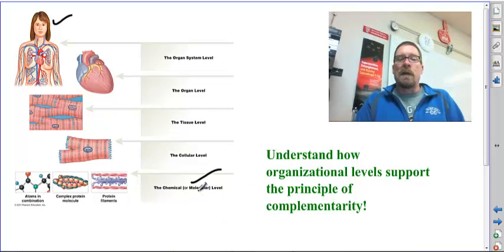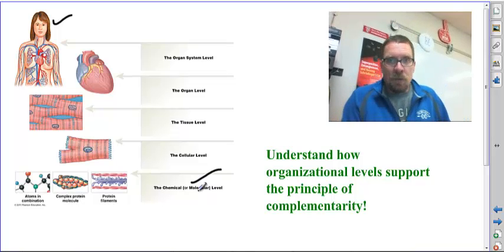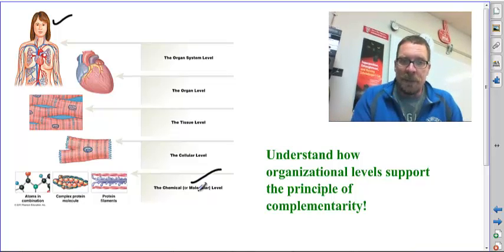This is the most basic level, and this is where adaptations and stuff will start, with changes in proteins and possible changes in DNA, etc.